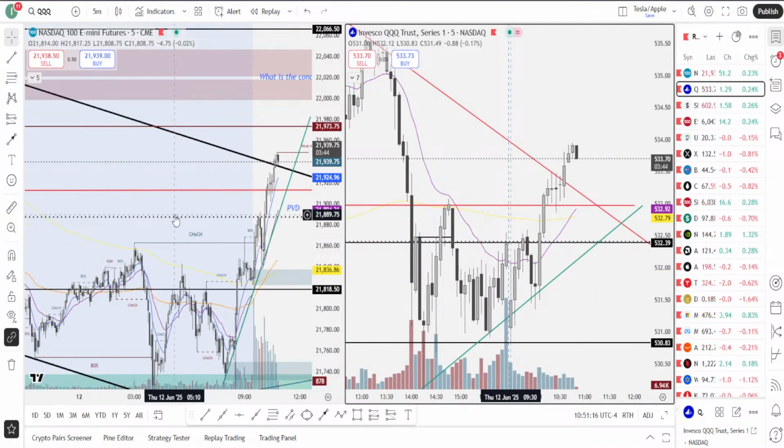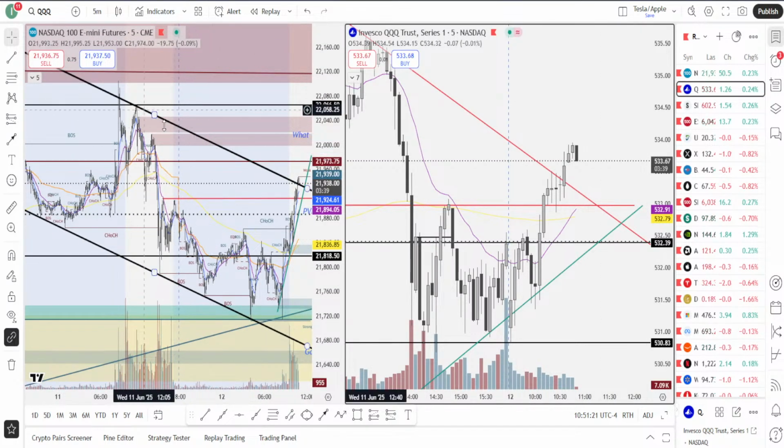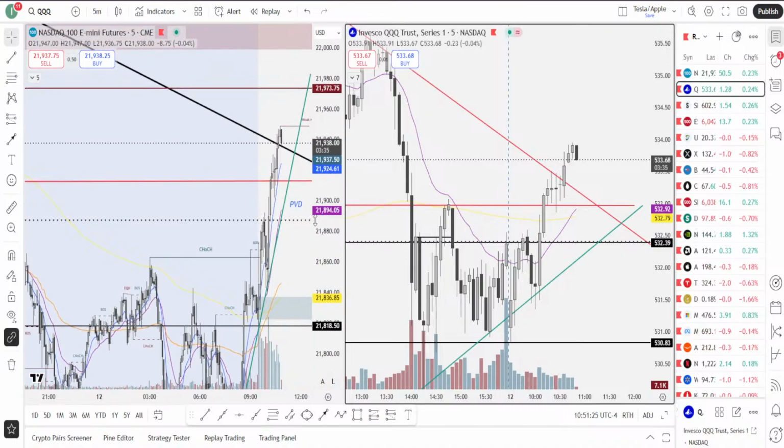Getting some sellers here. We're at the high of this channel here, so yeah, we are expected to see some sellers over here.